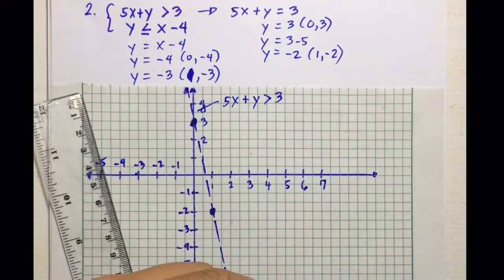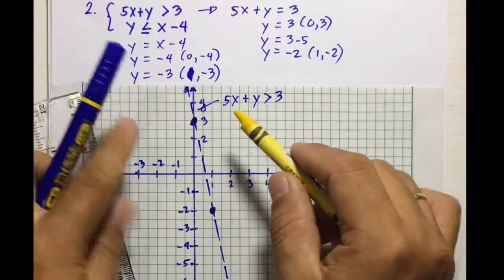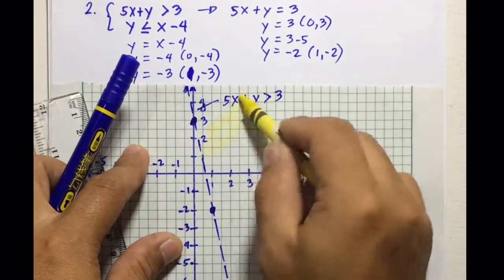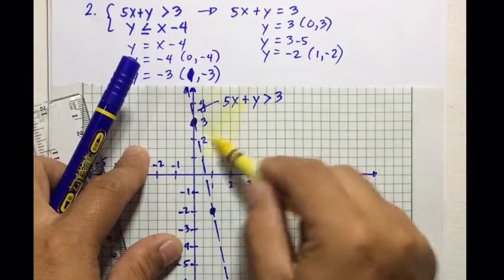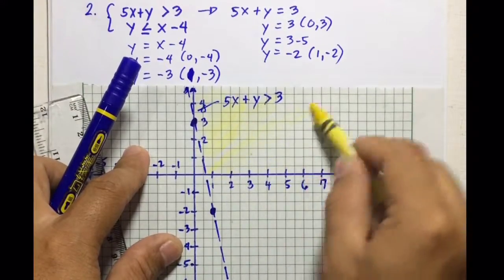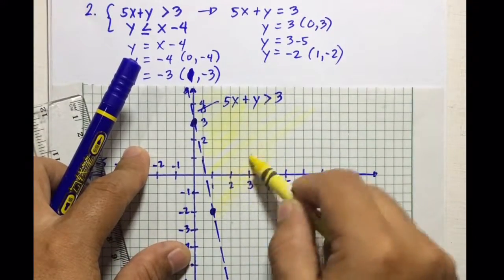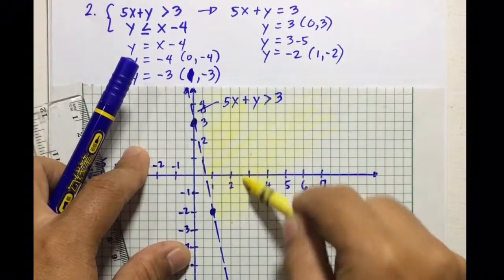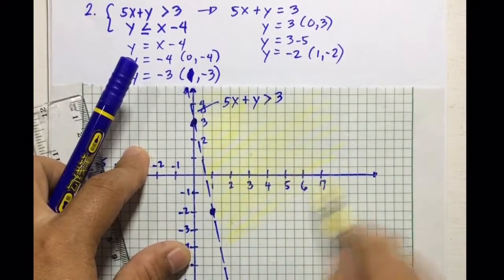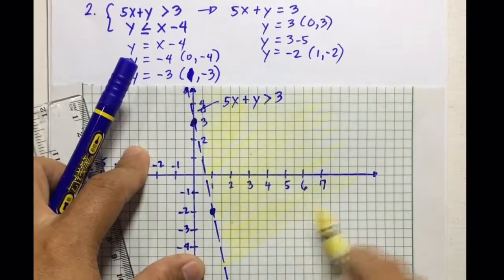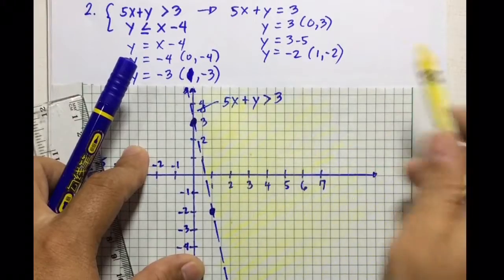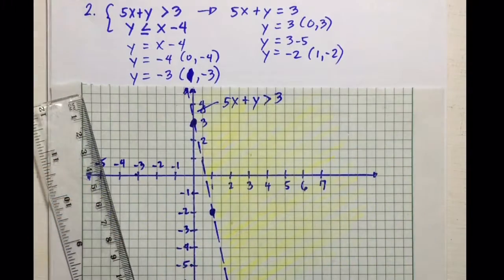We're going to shade here the right side. We're going to use yellow crayons. So this is now the graph of 5x plus y greater than 3.